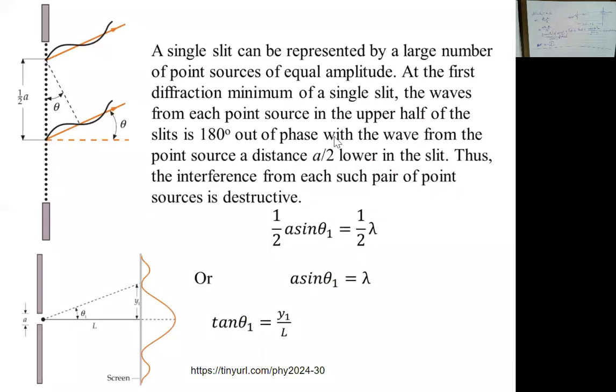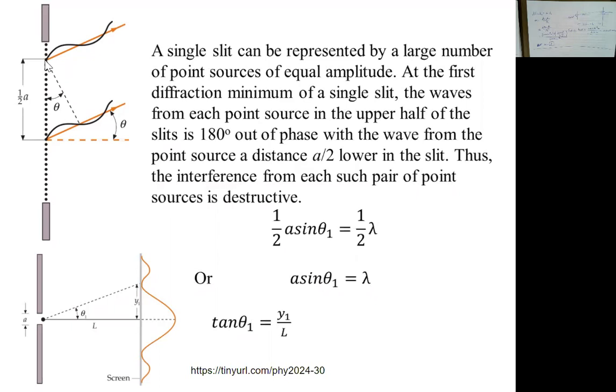For a single slit, you can imagine that it could be divided into very small pieces, so you have a number of small slits there. For each of the small slits, you can imagine there will be a light wave coming out of it.